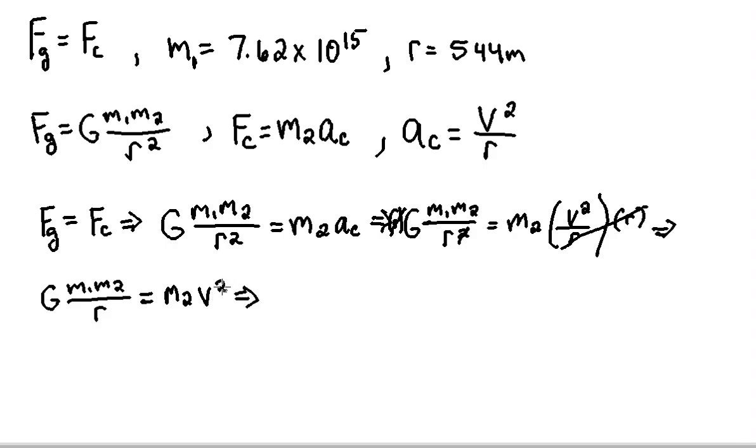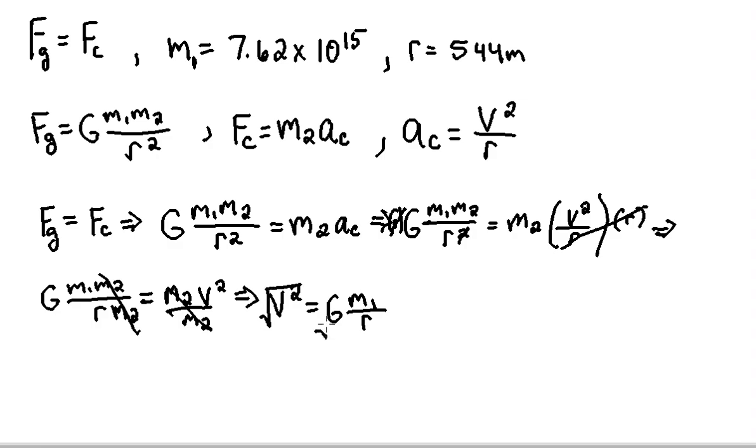So trying to get this alone, divide by the mass of the object in orbit on both sides. I can just put it in the denominator because then it's being divided into this whole thing. These two cancel out, these two cancel out. The velocity squared of the object in orbit is equal to Newton's gravitational constant multiplied by the mass that's dragging it around in orbit divided by the radial distance. Okay, and then the last thing is to take the square root.